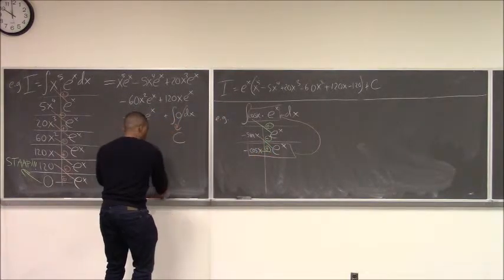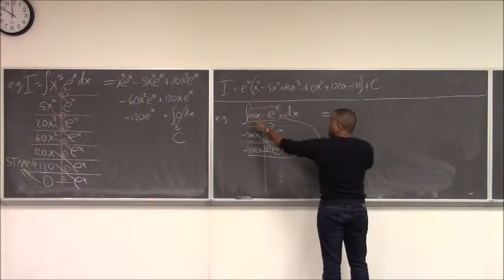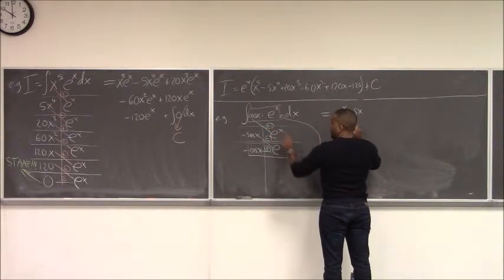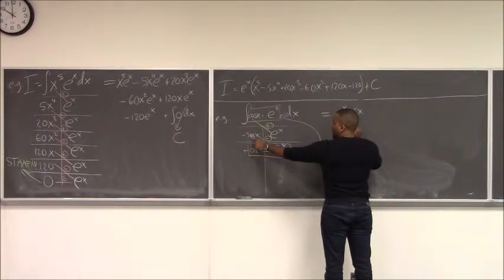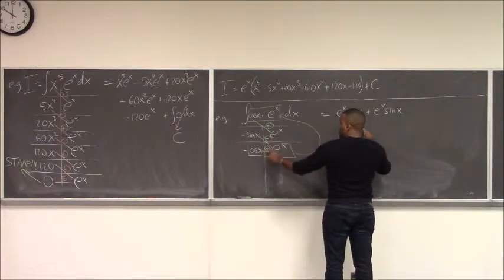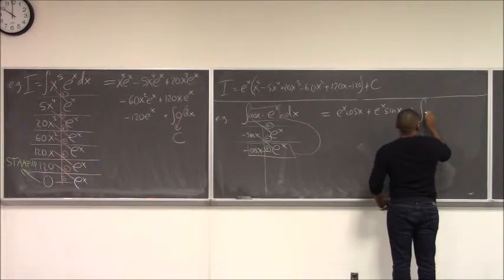And so what this would look like is e to the x times cosine x positive, minus sine x times e to the x, but the negative, so the negatives would cancel each other here. Plus the integral of negative cosine.